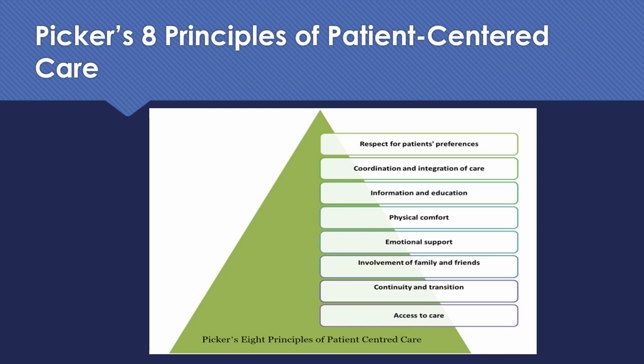And when we're looking at this, we're thinking about their values, their preferences, the patient's rights, the dignity, the respect, their cultural values, and even the autonomy they have. And then we go into looking at coordination and integration of care. When you give patients a diagnosis of some type of illness, they feel very powerless and vulnerable, and we try to coordinate their care so we can eliminate some of those feelings.